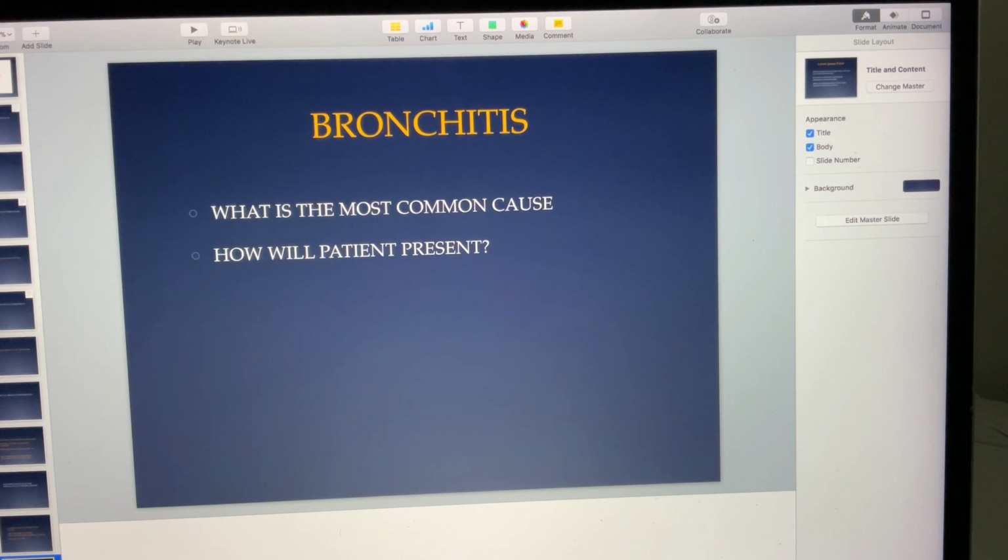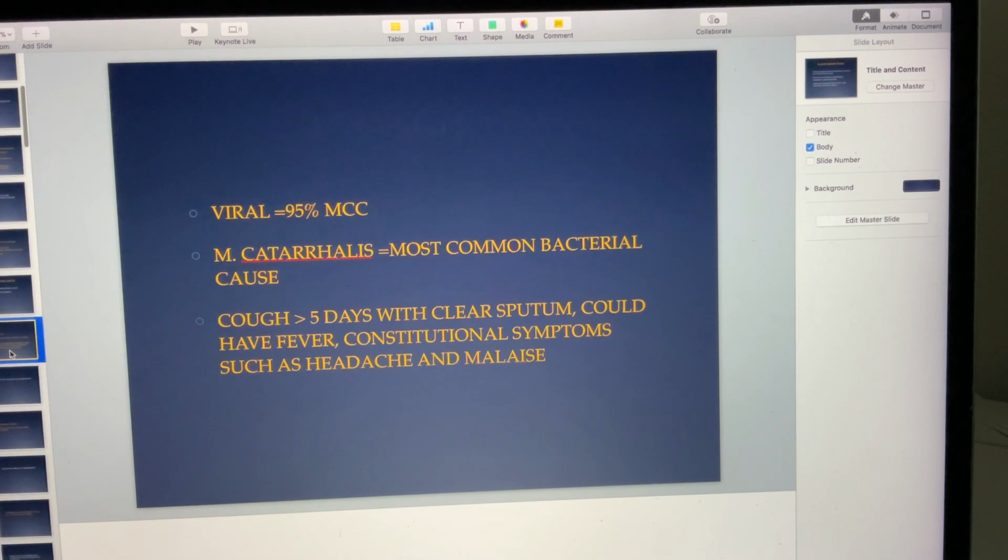Next question: what is the most common cause of bronchitis? We've covered bronchiolitis, and now we're talking about bronchitis. What is the most common cause of acute bronchitis, and how is the patient going to present? The answer is viral.